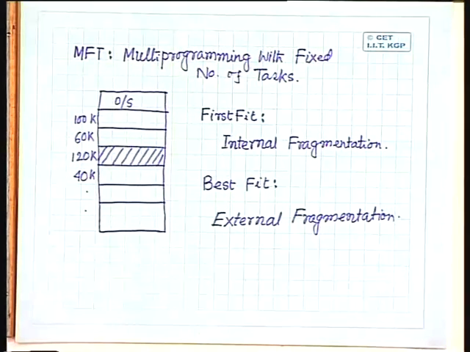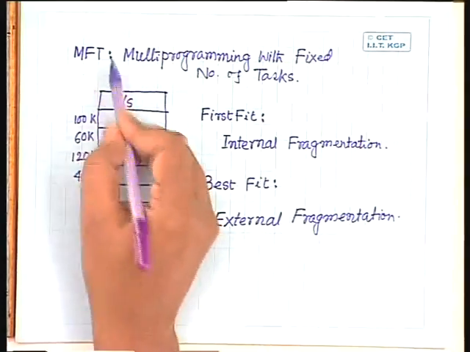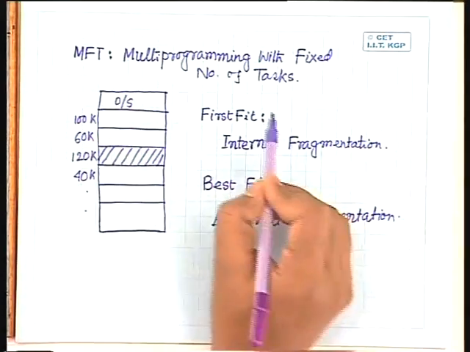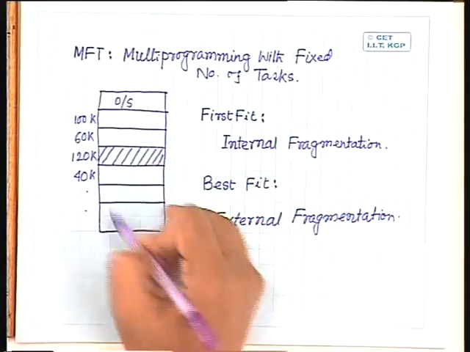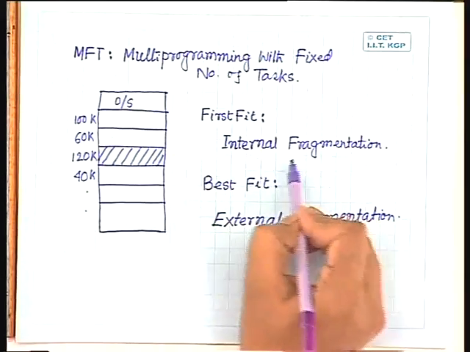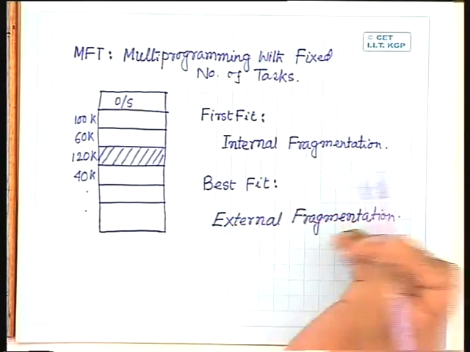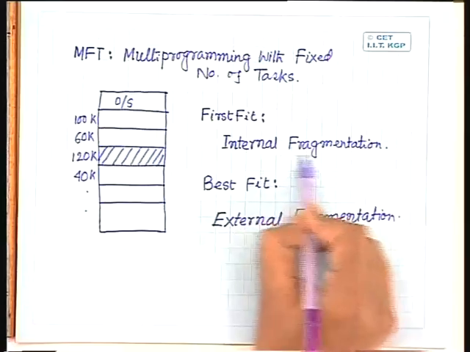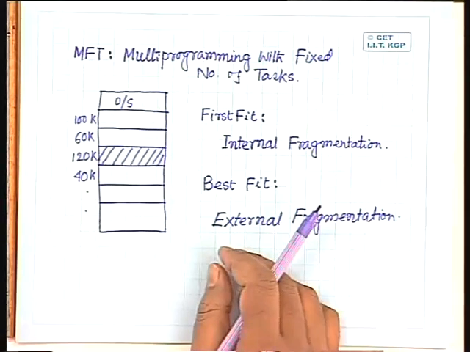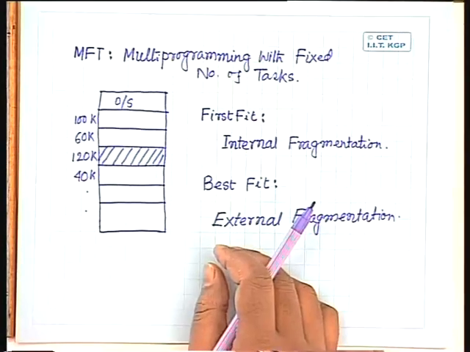So if there is a job of, say, 120 kilobytes, I will make a partition of size 120 kilobytes, not more than that. So by modifying this MFT to what is called the MVT technique, I can eliminate or minimize, why minimize I will come to later, this internal fragmentation. That we will do in the next lecture.